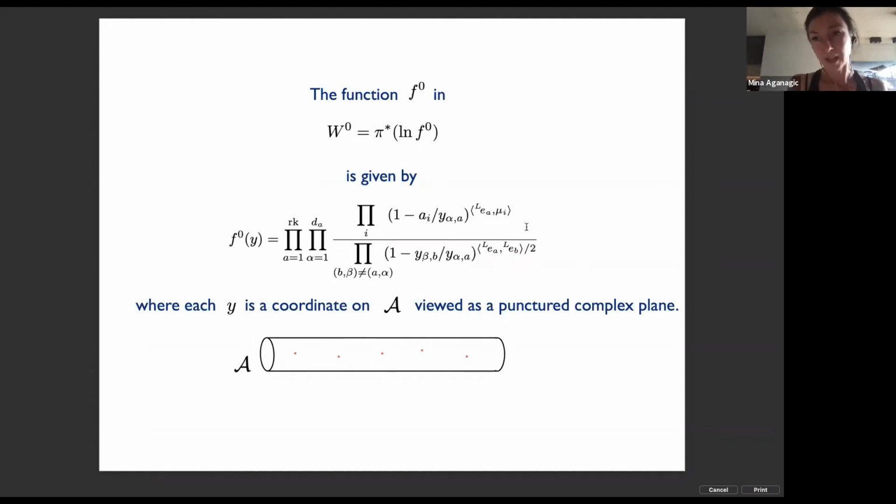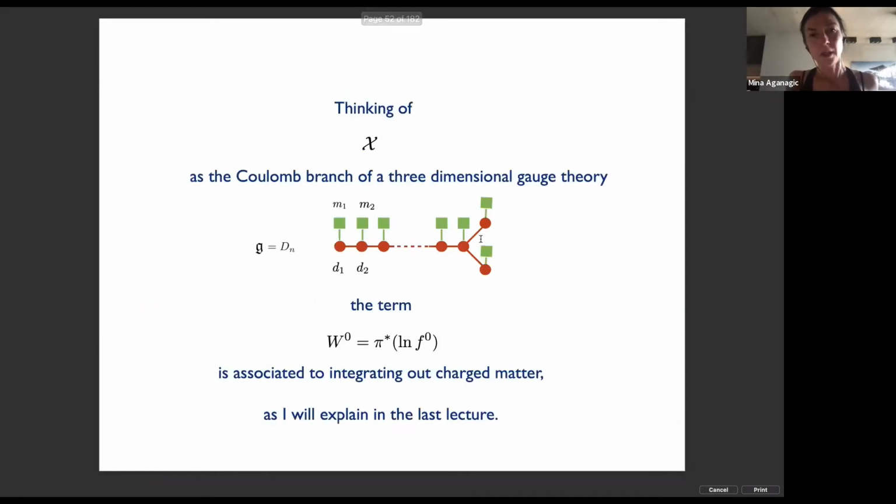Notice that F has zeros whenever any smooth monopole hits a singular one, or when any pair of smooth monopoles of the same kind collide, and poles when any pair of the smooth monopoles of the same kind collide. And there are additional zeros associated with links in the quiver diagram.